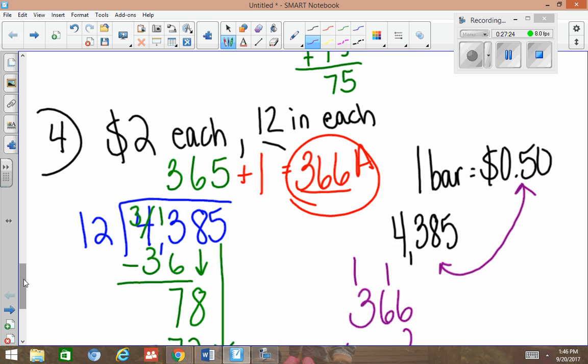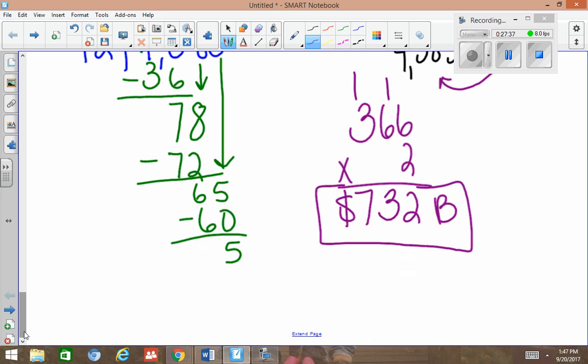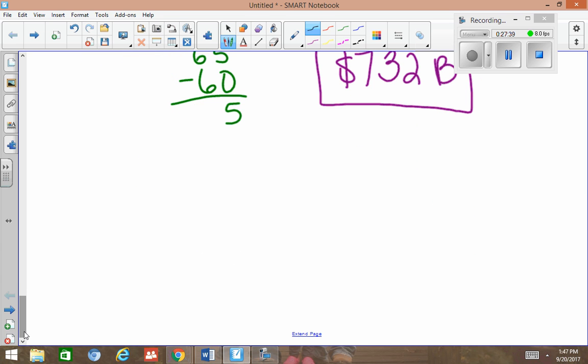I'm going to multiply these two because 50 cents. I'm going to show you how to multiply with money real fast. Jackson, tell me what that number was again. 4,385. Okay. And let's just times by 50, and I'll show you how to do money in a second.